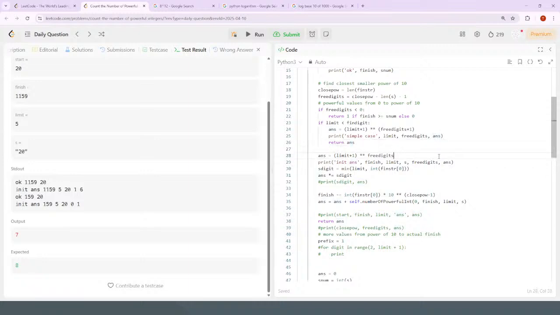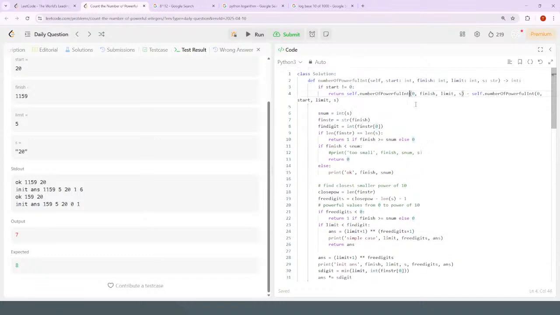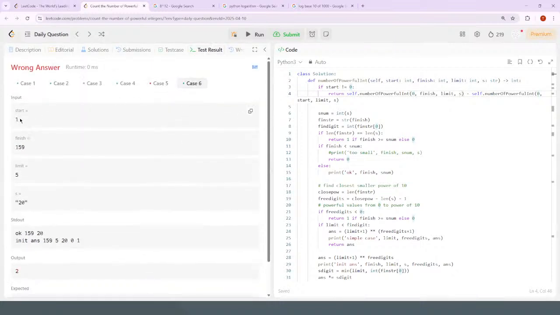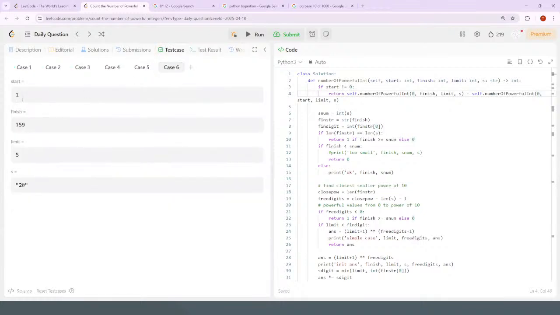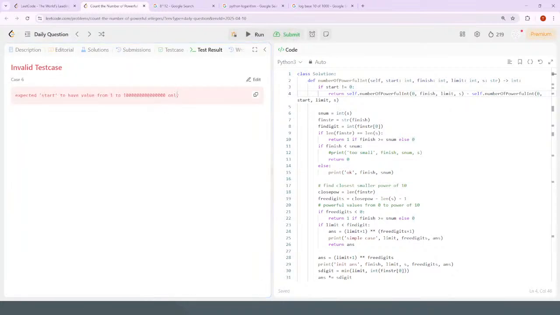So the initial answer is 6. Is this supposed to be 1 rather than star 0? Let me see if this is the wrong answer. If I have a star 0. Yeah, start should be 1.